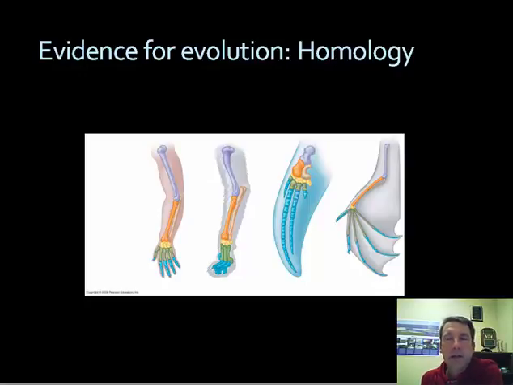So what he is saying is that as you track the embryonic development, you're seeing kind of a snapshot or a picture of the evolutionary development of that individual.